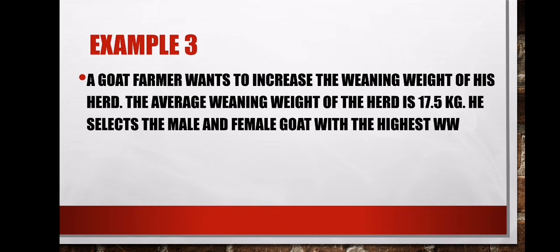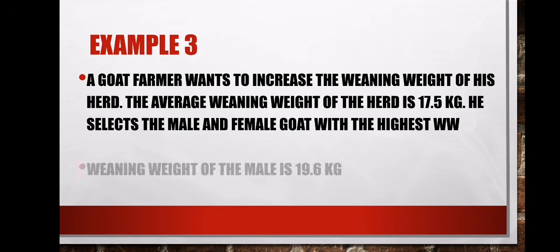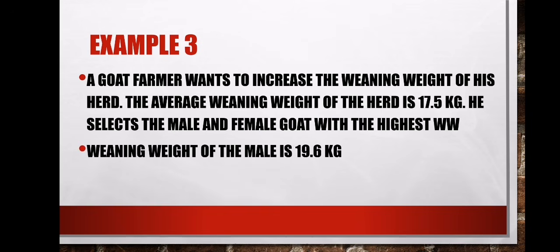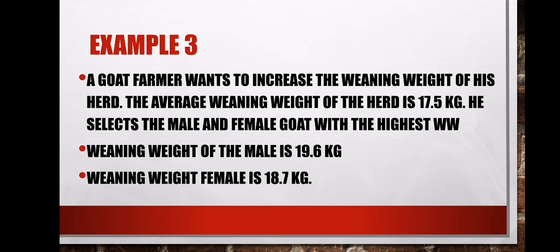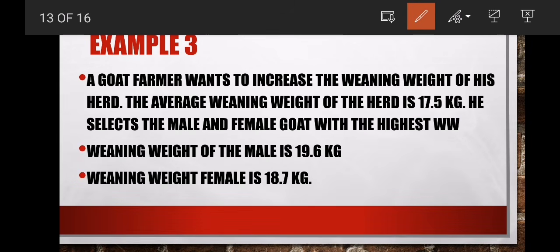Let us check the weaning weight of the male. The weaning weight of the male is 19.6 kg. The weaning weight of the female, what does it say? It's 18.7 kg. So this is what we have. We have the average weaning weight of all the animals.